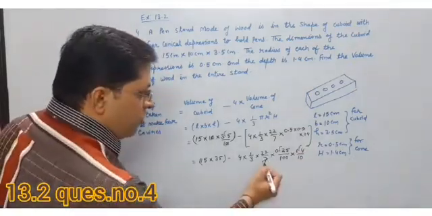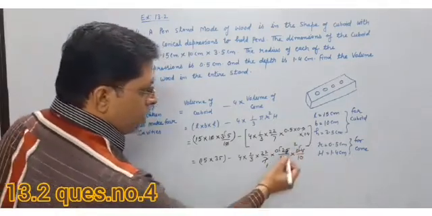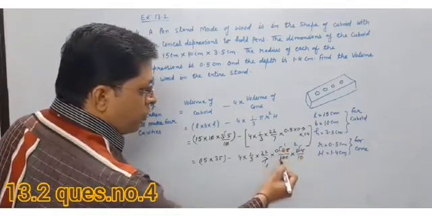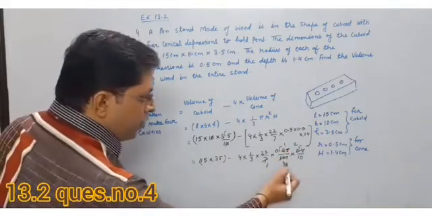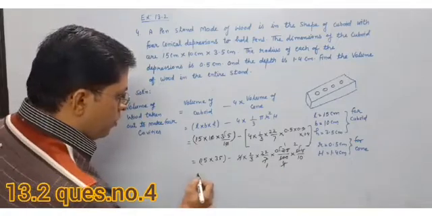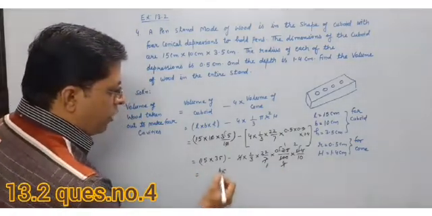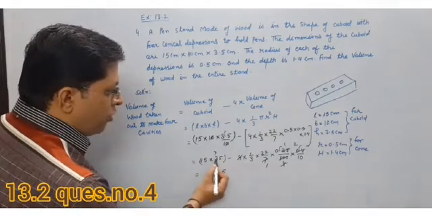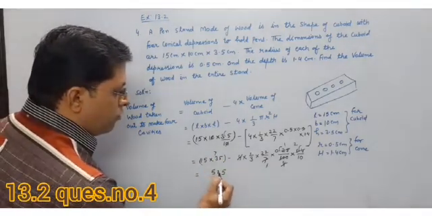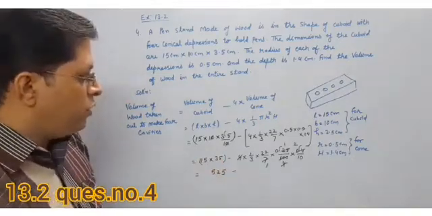Now 7 1 are 7, 7 2 are 14. 25 1 are 25, 25 4 are 100, and this 4 to this 4 cut. Now what is the multiplication? 15 5 are 75, 5 it is 7, 45 and 7 52. This is 525.